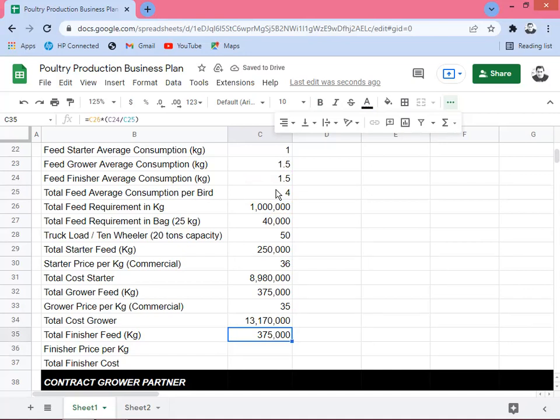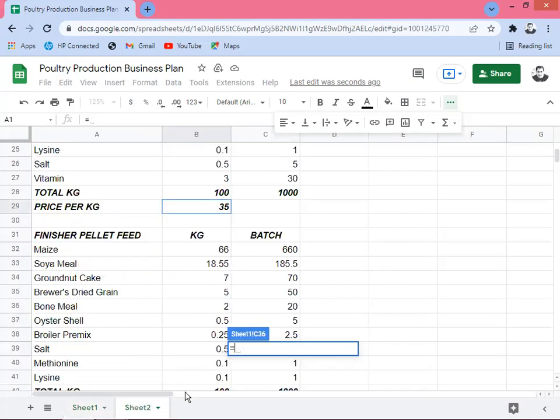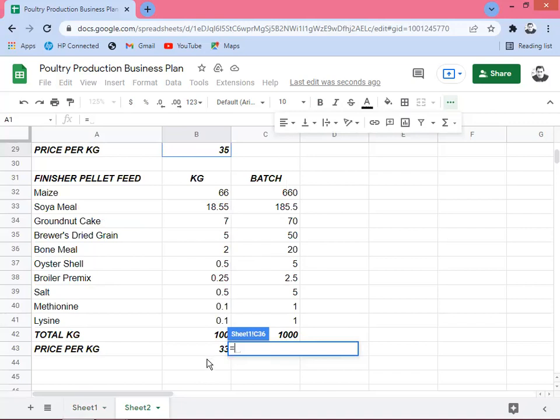So 375,000 kilogram total. How much is the price per kilogram of the finisher? I think it would be 33.